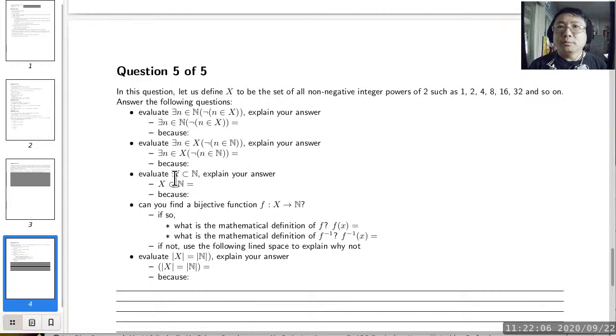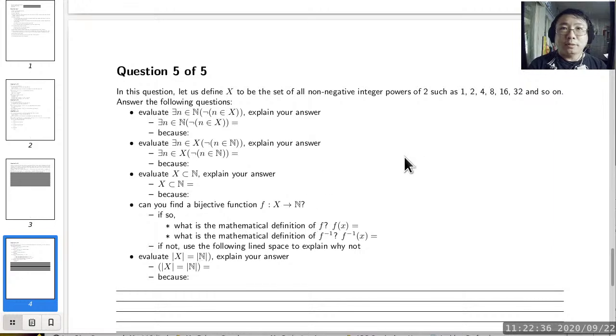Question number 5 has references to functions, quantifiers, set notations and set operators, and also equivalency of cardinality.